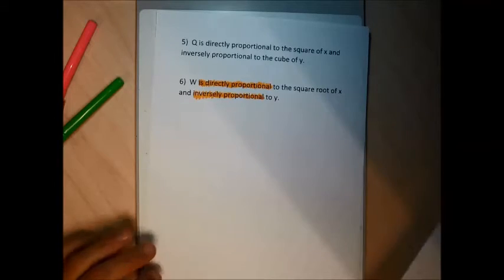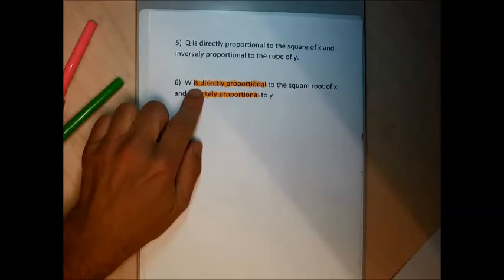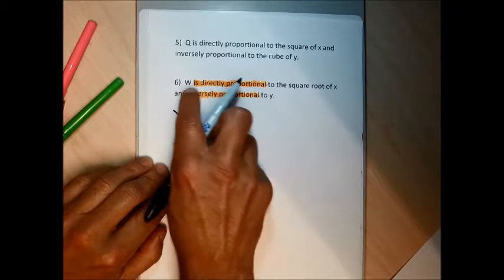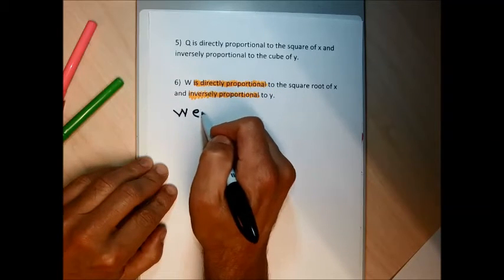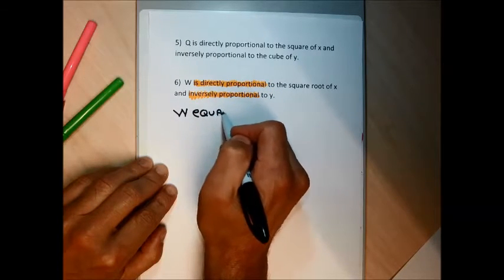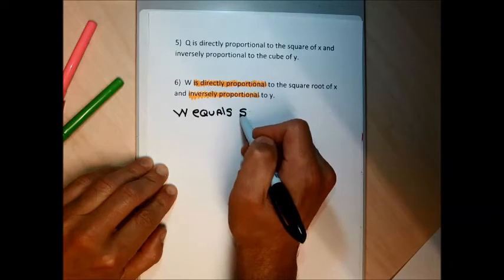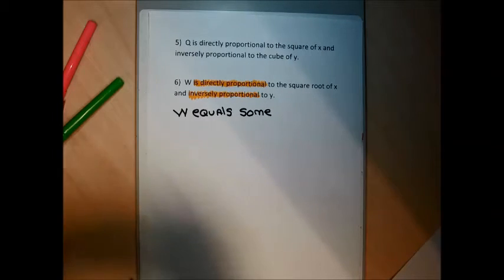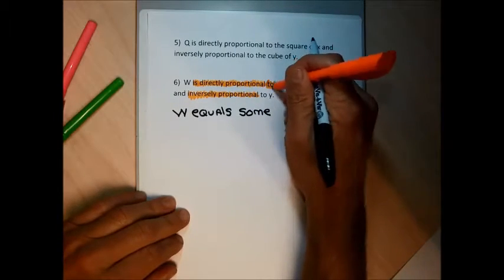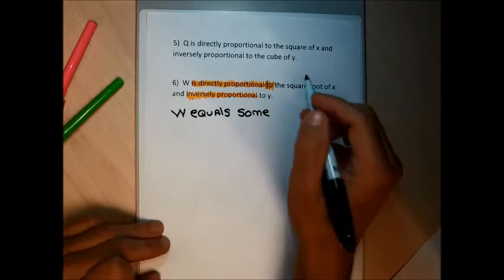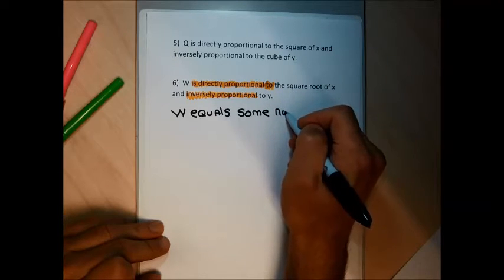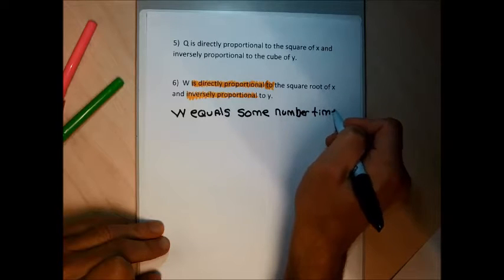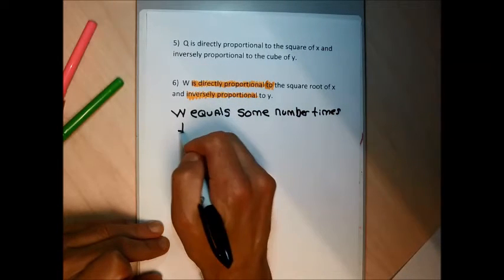So as I go to do problem 6, the problem I can think of as W, and then these words is directly proportional to is equals some number times the square root of x.